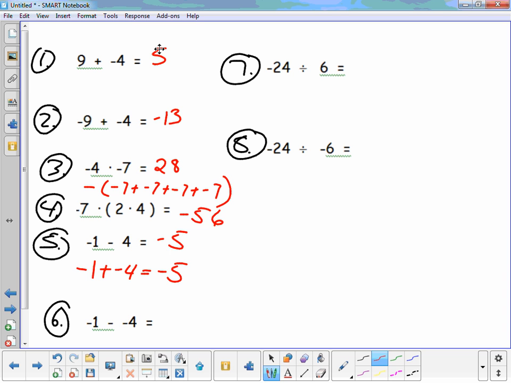Now subtraction is the one that I'm worried about the most for tomorrow for you. Whether you use a number line, integer chips, or you add the opposite, find a story that you know, use one of those 3 methods and stick with it.